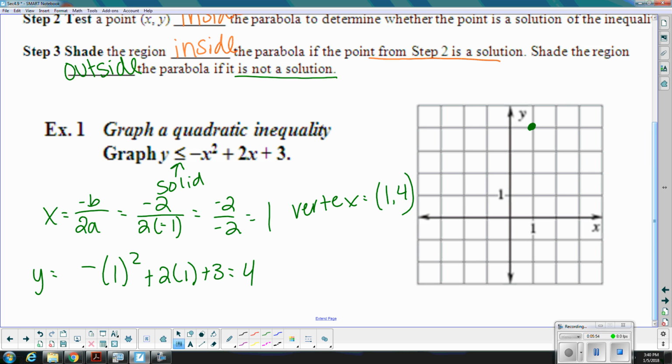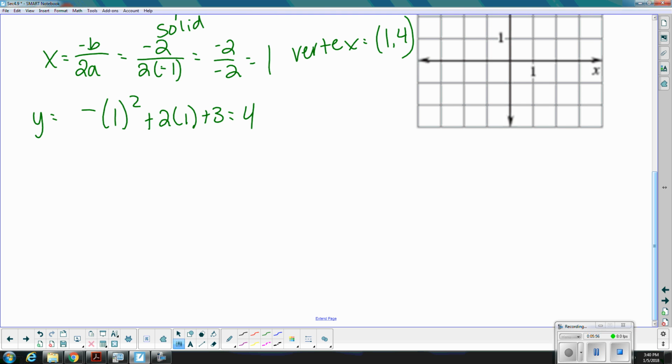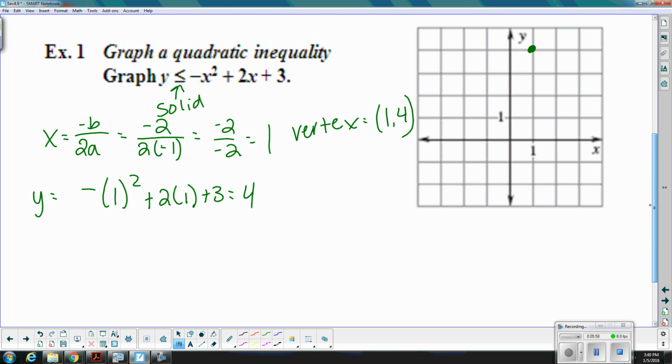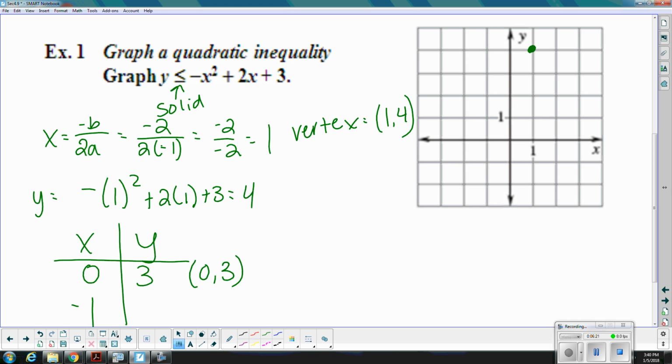And then we have to choose 2 points on both sides of the vertex. I'm going to choose 0 and negative 1 as my x values. If x is 0, then I have negative 0 squared plus 2 times 0 plus 3. So my point is 0, 3.